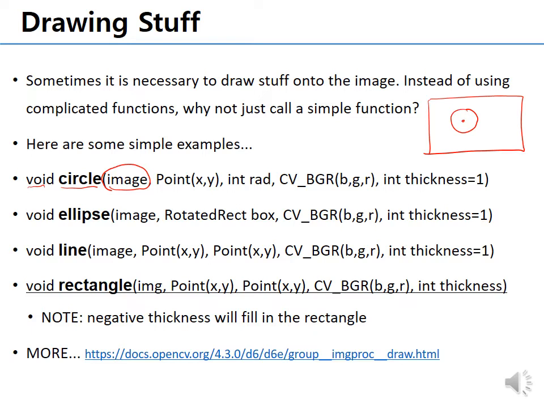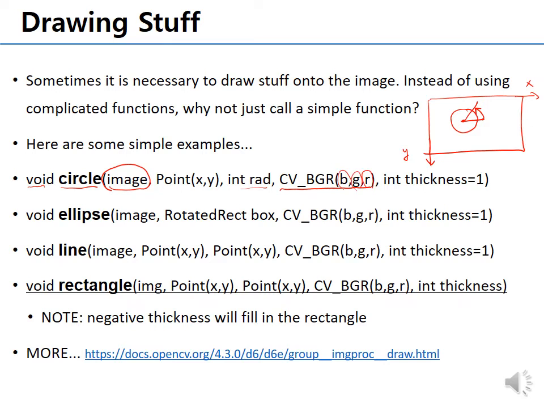This is point x comma y. This is x. Here is y. And in this radian, that means it is the angle from here to here. And it defines the color in BGR. So by setting the proper numbers, we can set the color.